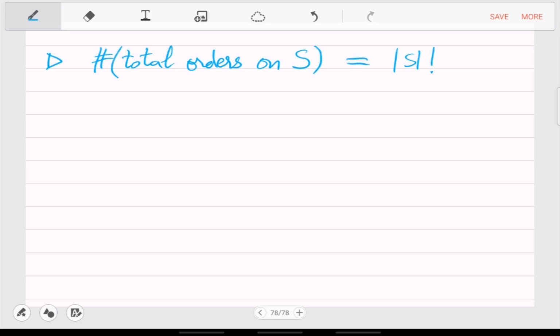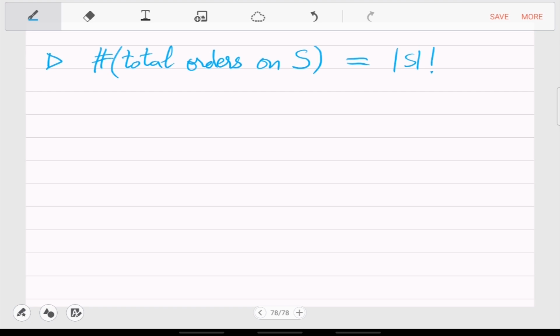But if you have n elements in your set, then the total orders that you can define, and all of them are valid total orders, you just fix the order. And you basically have to decide what is the first element of S, what is second, what is third, what is the nth element, and that is a valid order because reflexive, antisymmetric, transitive, everything holds.